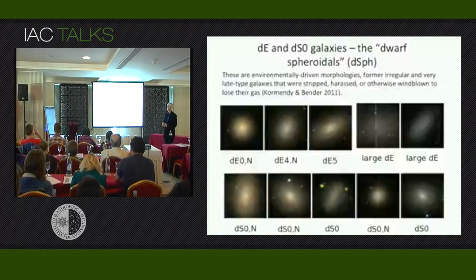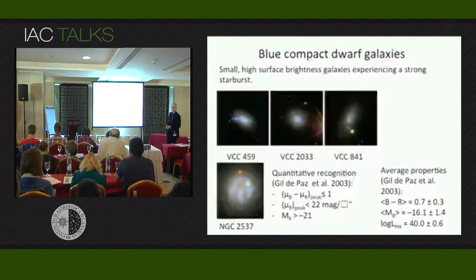And as I said on the first day, these dwarf E's and S0s are probably environmentally driven morphologies. And they're found in the Virgo cluster, and they were probably late-type galaxies that have been modified by the cluster environment. So now they're known as spheroidals.